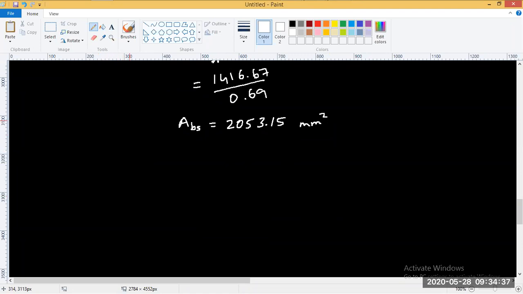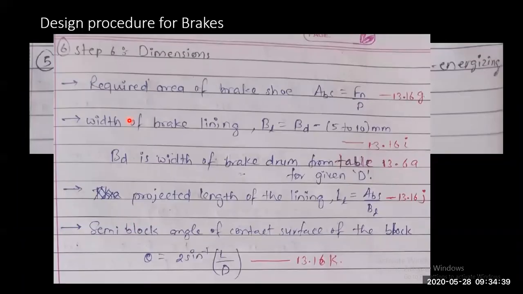Okay, so let's see what else is required. Width of brake lining. So all of this is given in this table here. Table 13.6a, the dimensions.